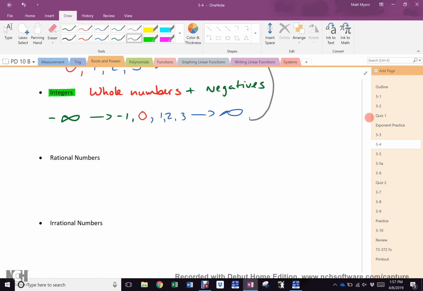So, rational numbers are all the other numbers between these, but there's some rules.